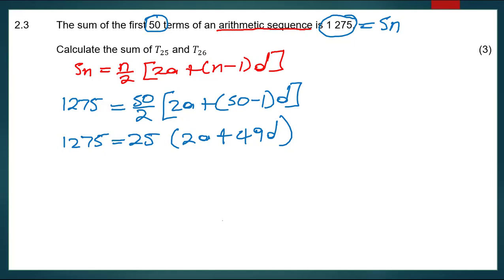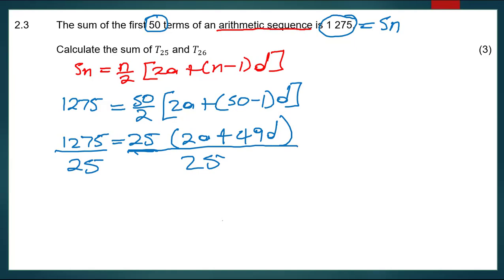Now it's your choice. You can divide by this 25 on both sides, or you can multiply out into the bracket. I will decide to divide both sides by 25.